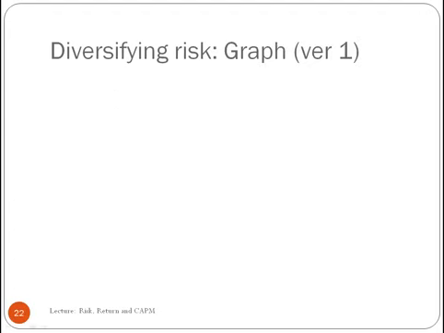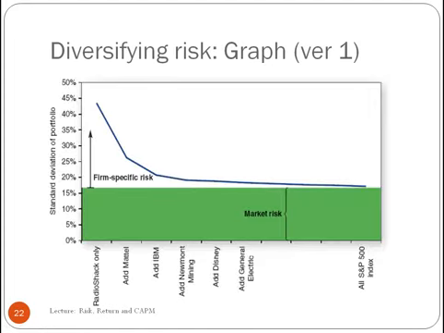I want to show a visual of what happens with diversification. I've got two similar graphs just to make the point across. In this graph, on the vertical axis, we have the standard deviation of our portfolio, which is representative of risk, and over here we have the number of stocks in our portfolio.